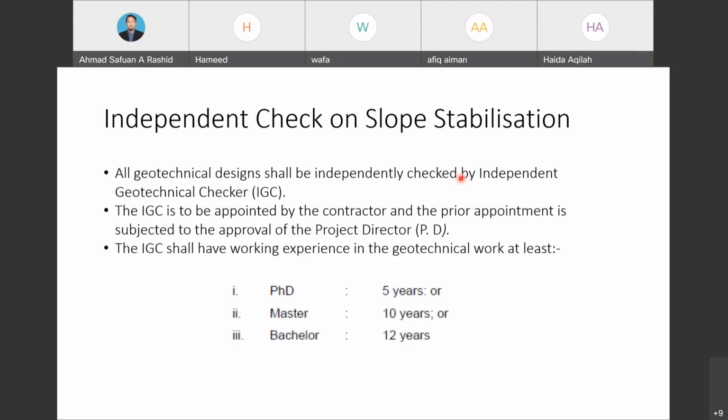If we have experience in geotechnical work, the authority will appoint us as an independent geotechnical checker. There is no need for us to have a practicing PE, professional engineer. In my case, I only have a PE without practicing, so I can be appointed as an independent geotechnical checker.